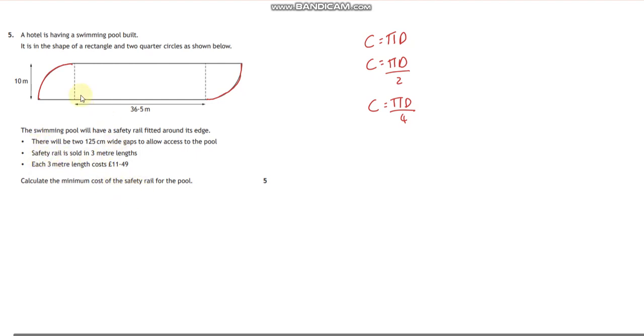So the first thing I'd be doing is working out the full perimeter of the section. So to me, the perimeter, it's equal to, and you feel free to kind of label these up if you want. You've got these two dimensions here, so you've got the 36 and the 5. You've got a quarter of a circle. You've got another quarter of a circle.